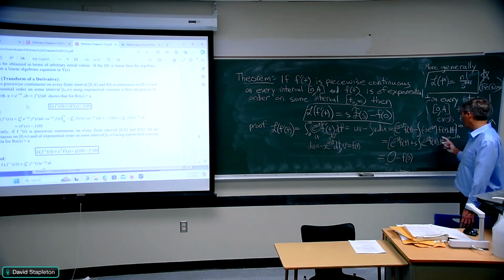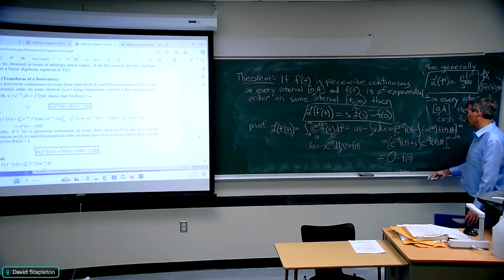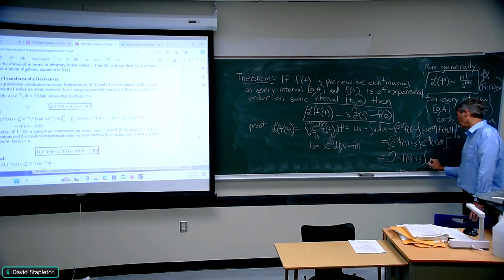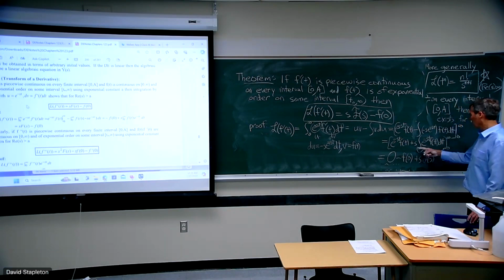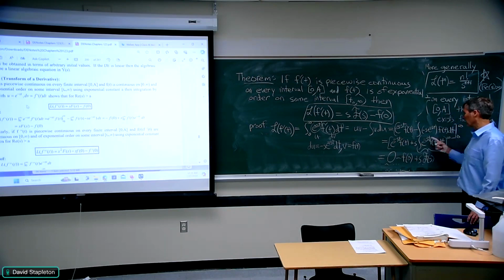So plugging in the bottom endpoint gets 0 minus f of 0. And then on this one, you get plus s times the integral from 0 to infinity, which is the transform of f. So this at infinity is 0, this at 0 is minus f of 0, and it's subtracted because it's the bottom endpoint. And so that's the proof, right? s F of s minus f of 0.